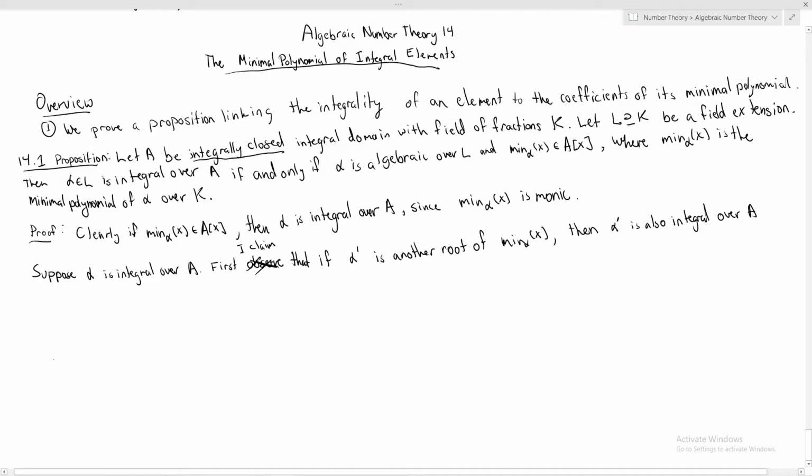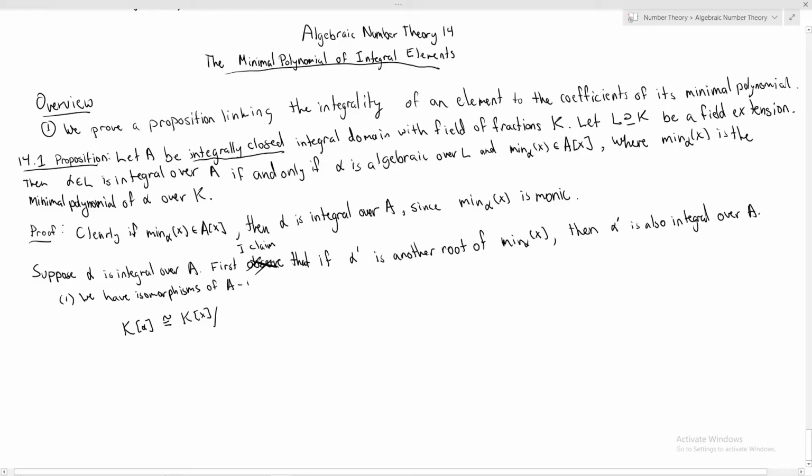Okay, so to see this, essentially we use the following. There are two pieces to this. One is we have isomorphisms, and I should tell you what these are isomorphisms of.